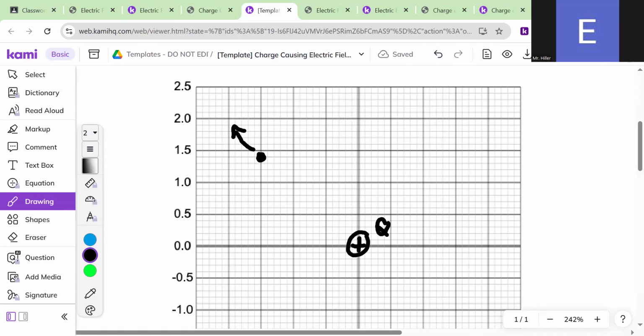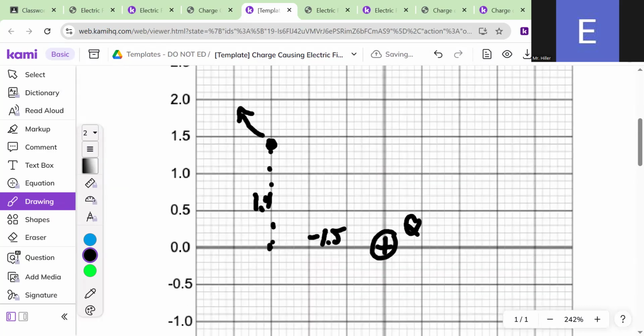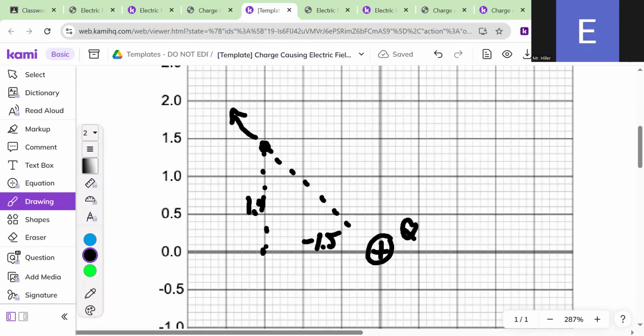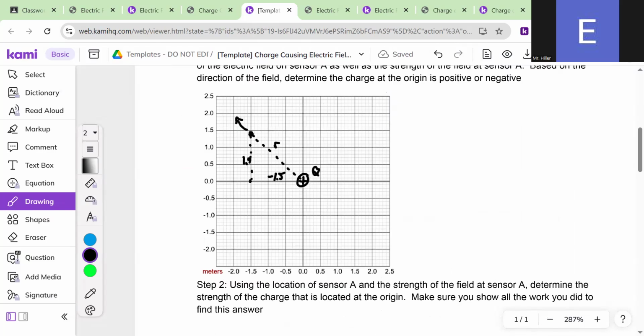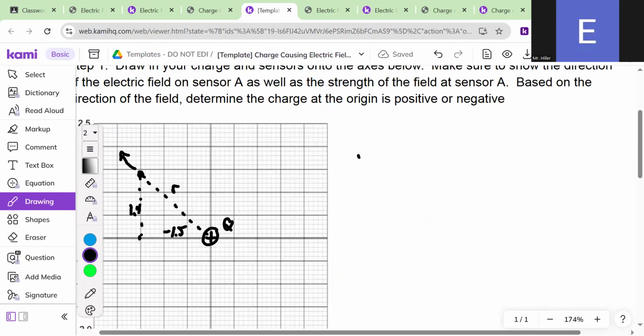Now I got to find the value of that charge. Well, the distance from here to here is negative 1.5, and this distance from here to here is 1.4, and I believe this is all in meters. So I can use the Pythagorean theorem to find that distance there. So I'll call it R. Okay, so let's find R. R would be the square root of 1.5 squared plus 1.4 squared.